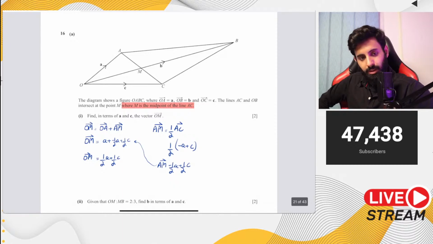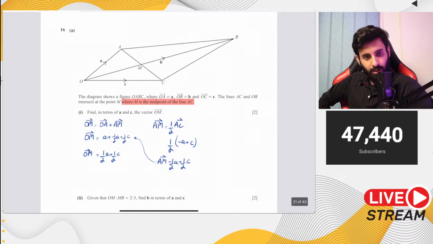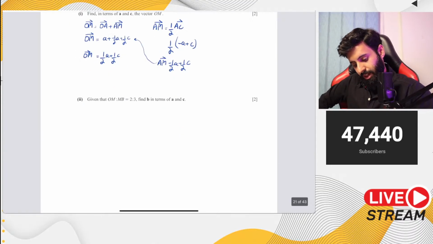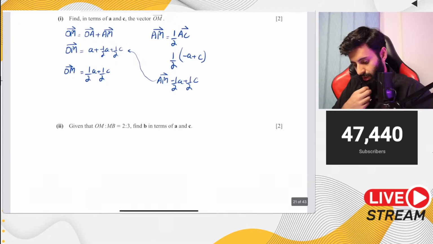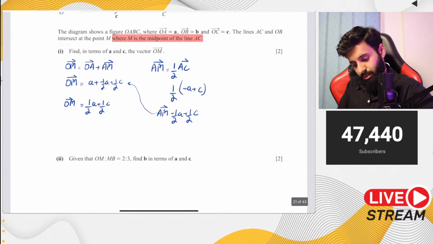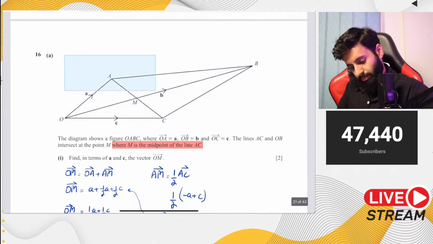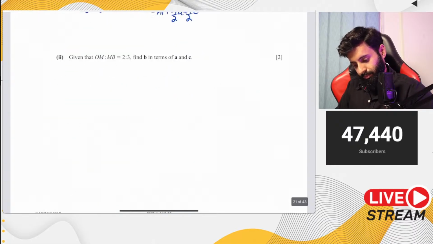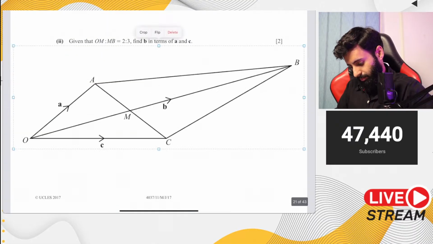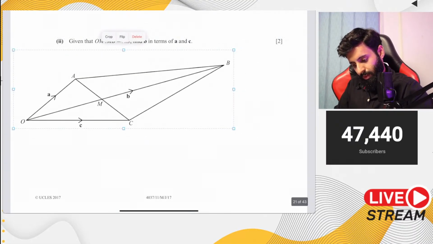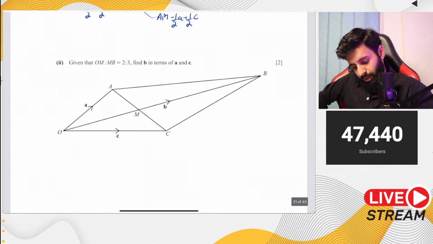Okay, now let's do the next part. The next part says, given that OM and MB are in the ratio 2:3, find B in terms of A and C. OM and MB are in the ratio 2:3.